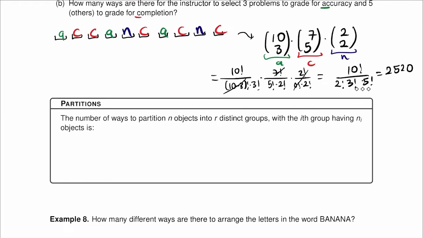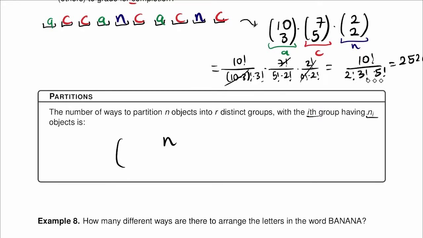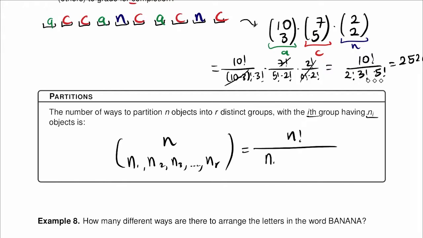So the definition is going to be this one. The number of ways to partition n objects into r distinct groups with the ith group having n sub-i objects is going to be n factorial over n1 factorial, n2 factorial, and so on until n r factorial.